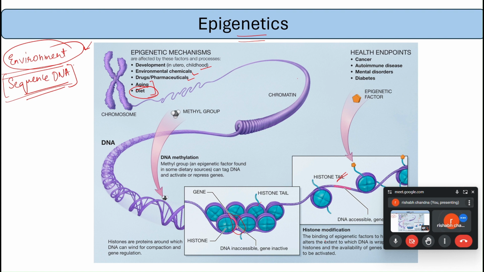DNA methylation is also hereditary, and histone methylation and certain epigenetic factors are responsible for cancer, autoimmune diseases, mental disorders, or diabetes. These are the major complex diseases.